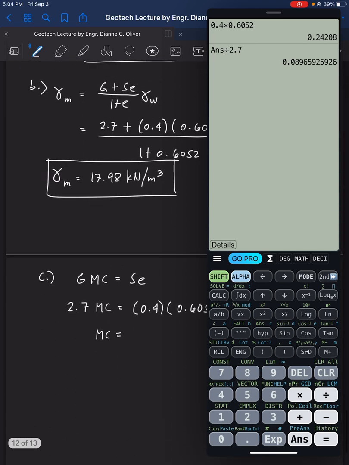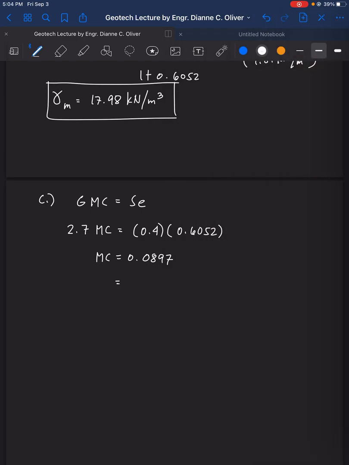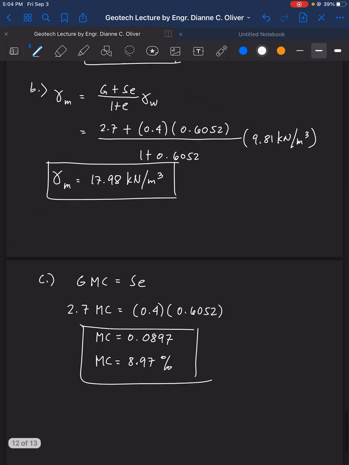So that is 8.97%. Okay, so that's for number 7.